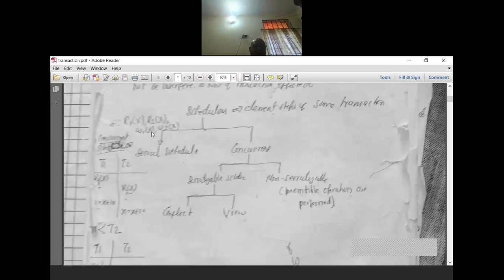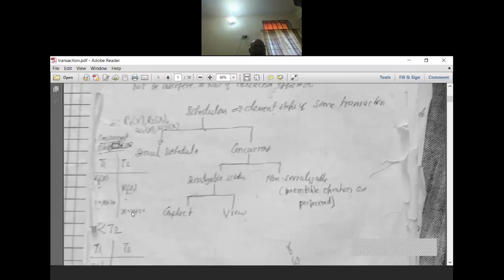After that, write 1x is performed by the first transaction, so I will write it further below in T1. Similarly, transaction T2 performs the write operation on data item X. So I have written. Is it clear?